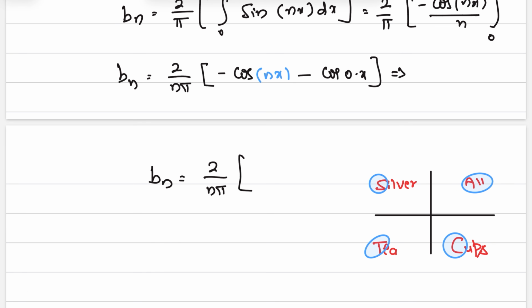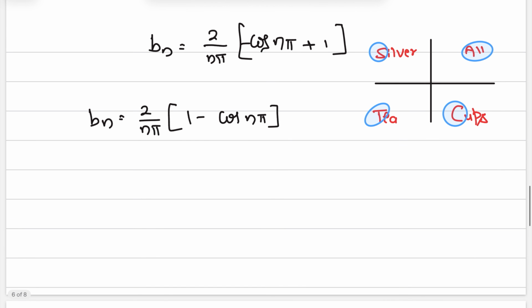This becomes cos n pi minus cos n pi, minus of minus cos is, here it is plus 1. Cos 0 is 1. That means Bn is equal to 2 by n pi into 1 minus cos n pi.